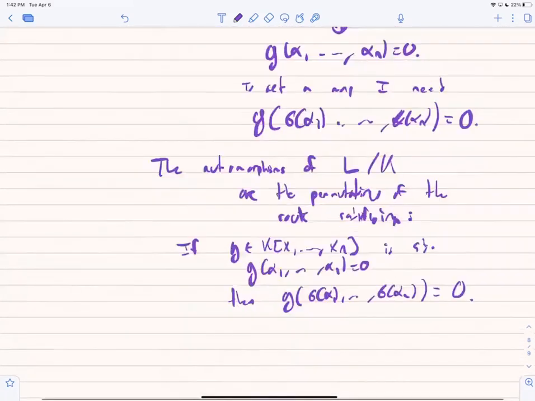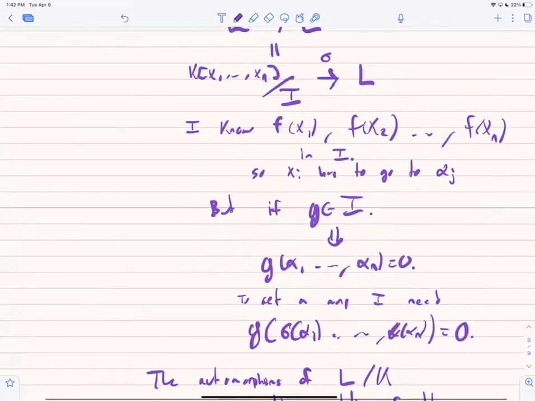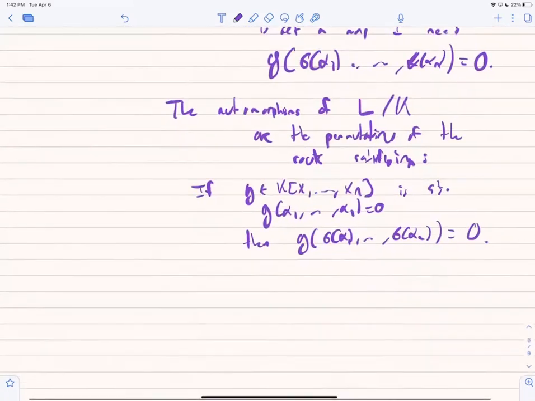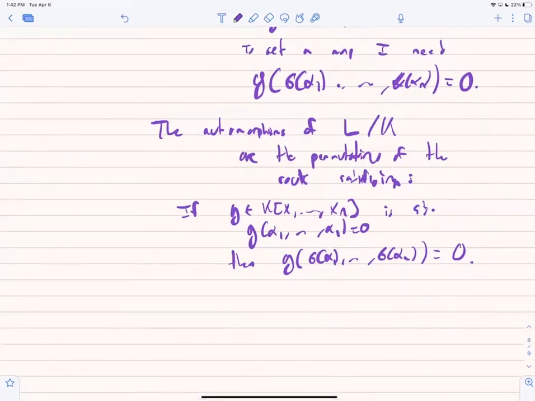But in particular, in these algebraic relations, now you can also see the connections between everything, because L is equal to k[x1 through xn] mod I. This I was the ideal of all algebraic relations.